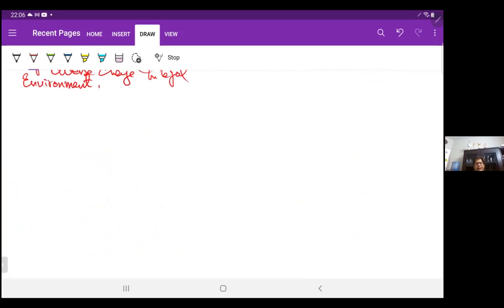Now, how to measure the recoverable amount? Here it is.